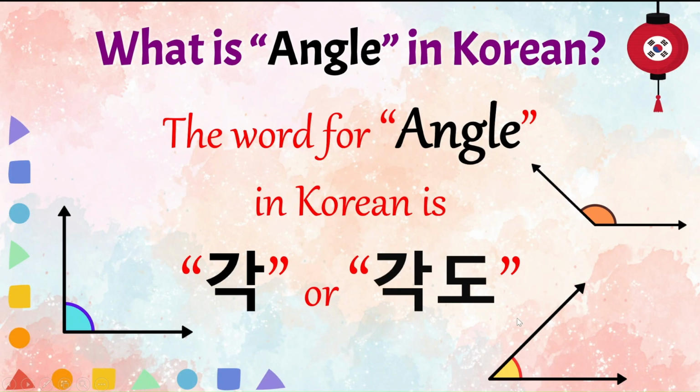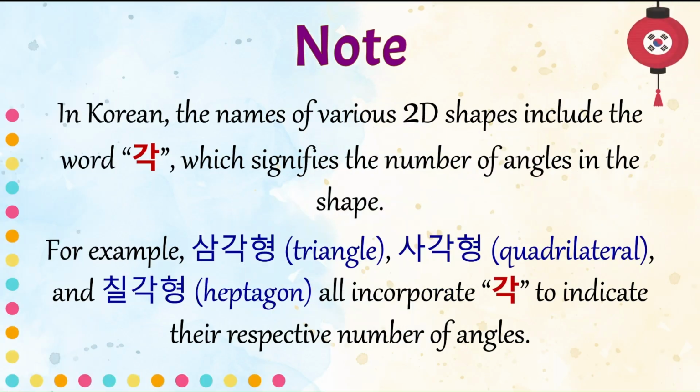Now, let's move ahead and look at this very important note. In Korean language, the names of various 2D shapes include the word 각. You might have noticed this in my previous video on shapes in Korean language, in which we talked about 2D shapes in Korean.